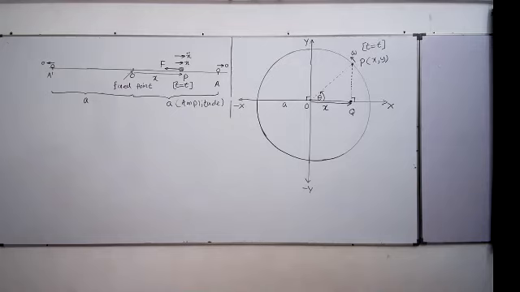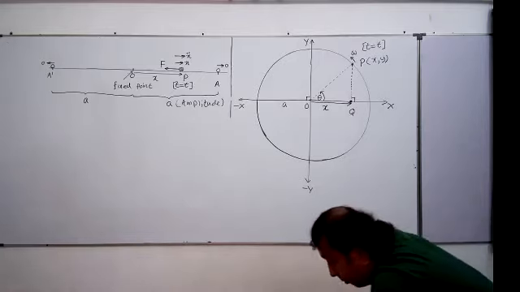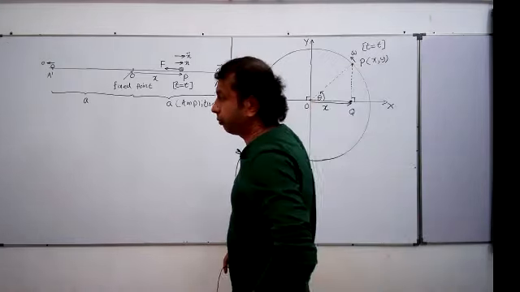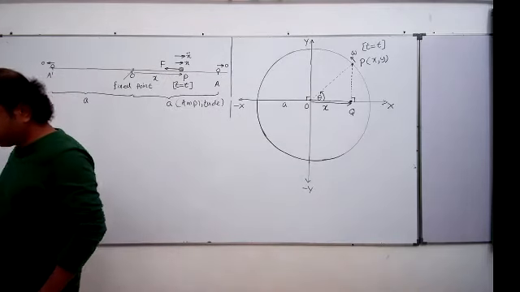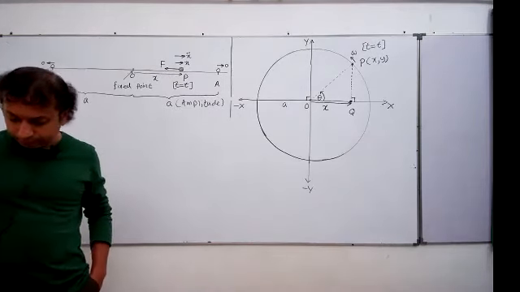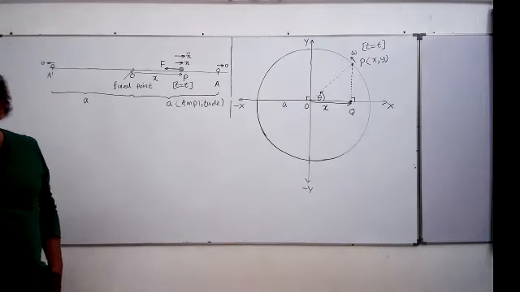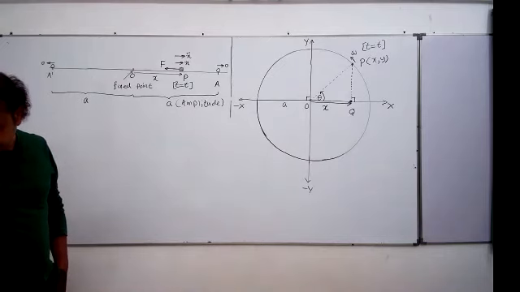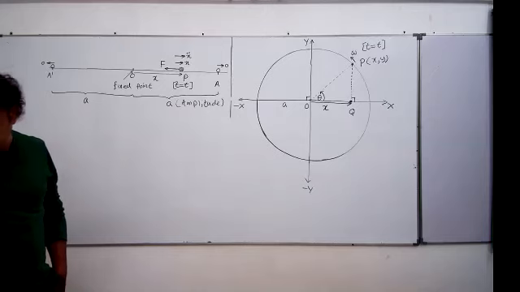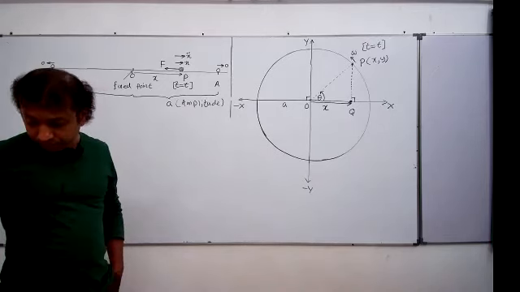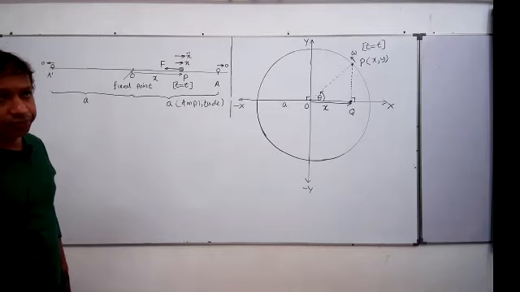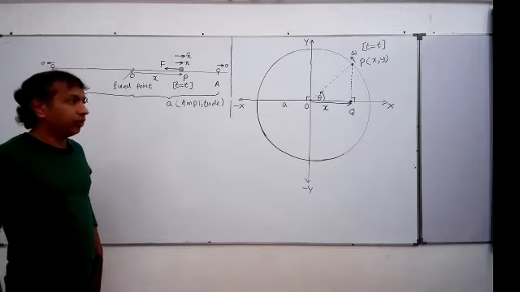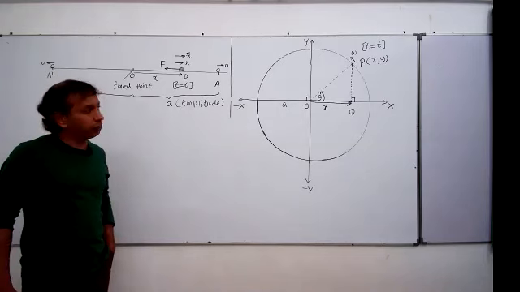Suppose at time t equals t, the point P is at the point (x, y) on the circle.